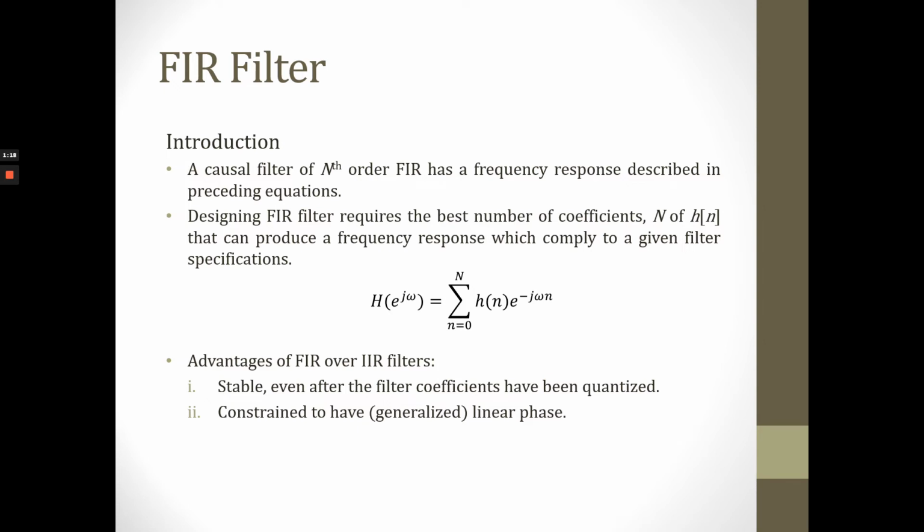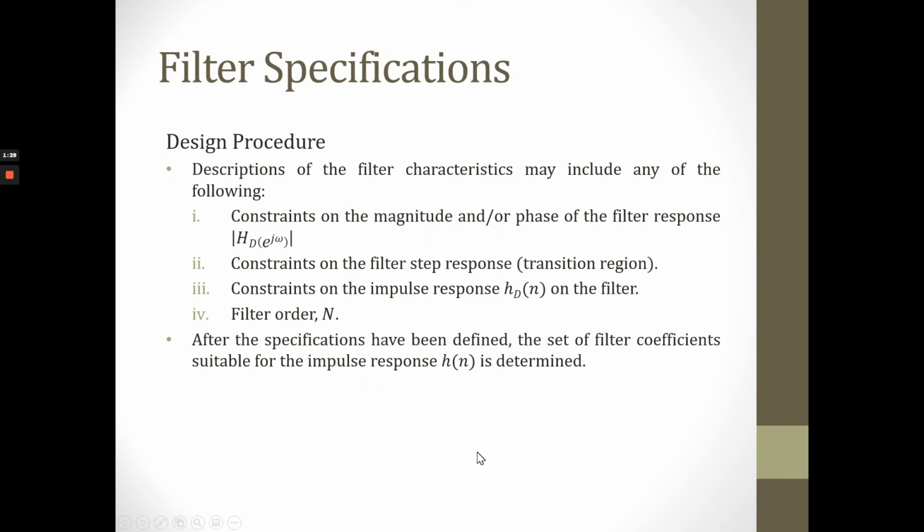Because FIR filters are generally designed to have linear phase, in the following we consider the design of linear phase FIR filters. The design procedures are based on the filter characteristics, where the first one is constraints on the magnitude and/or phase of the filter response, magnitude Hd(e^{jω}).